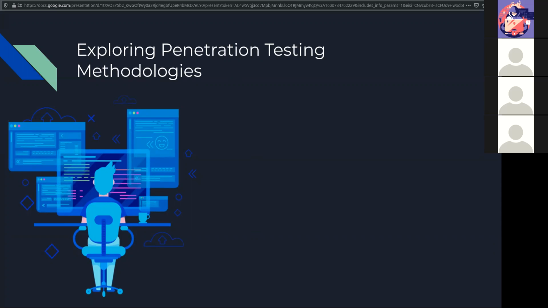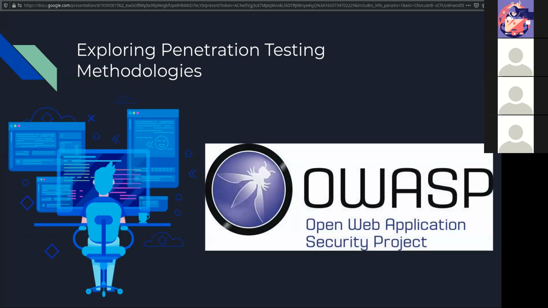Methodologies, there are a number of methodologies that are already in existence that we can take. For example, for anything web related, you have OWASP. There are pen testing execution standards, the PTES. If our organization handles anything credit card related, we have PCI, the payment card industry data security standard.